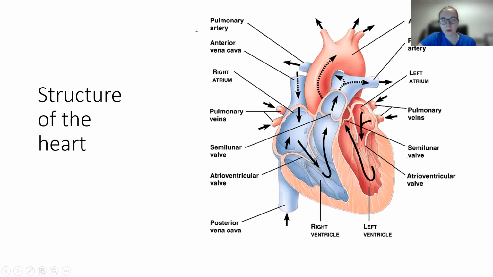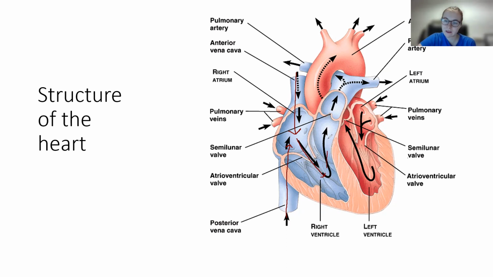So remember, if I draw our blood flow with this, we go in our vena cava. Remember, there's 2, the superior and inferior, but incorrectly labeled on here. We go into our right atrium, so the right side of our heart. We go through our AV valve into our right ventricle.